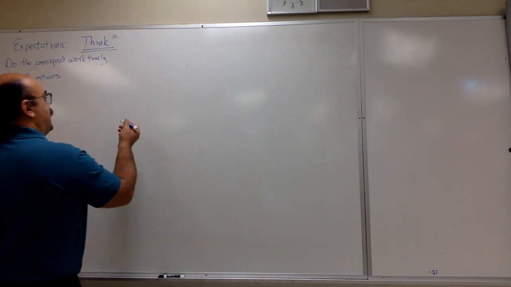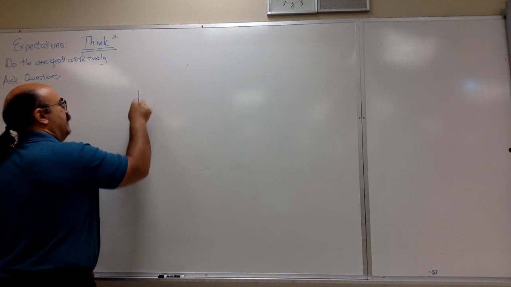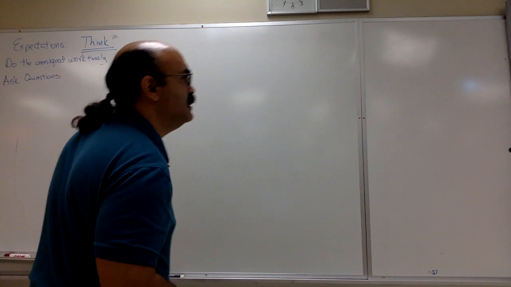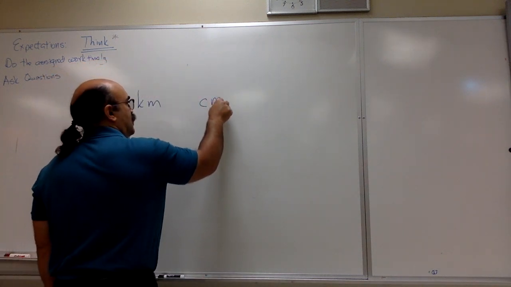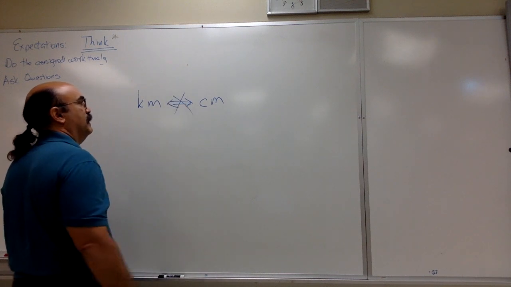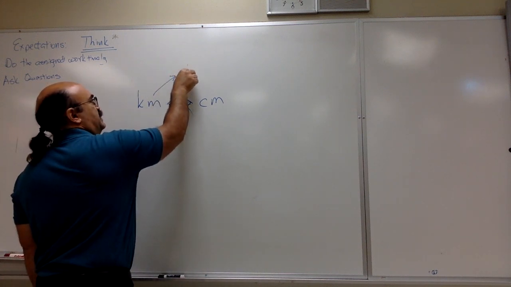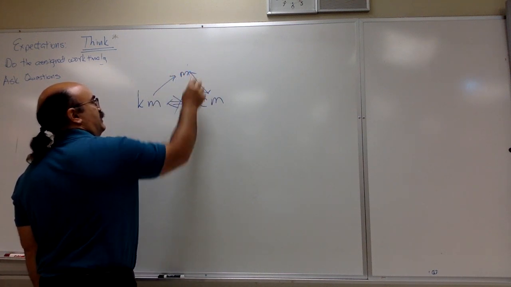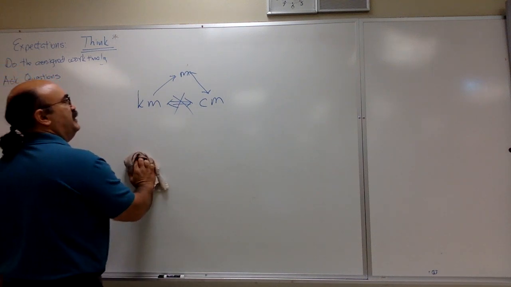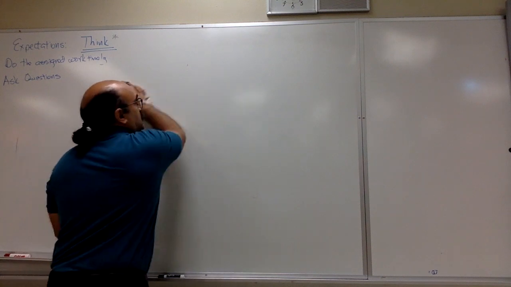So I have 2 quantities. I have kilometers and I have centimeters. We do not go directly between them. We go through the base unit of meters. That's how everything's defined. So I need to set both of these equal to meters.